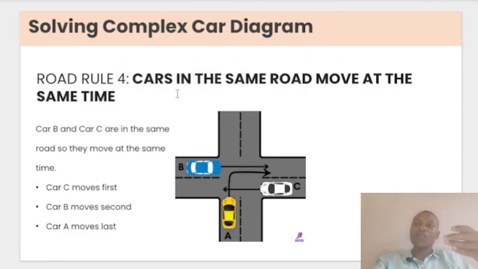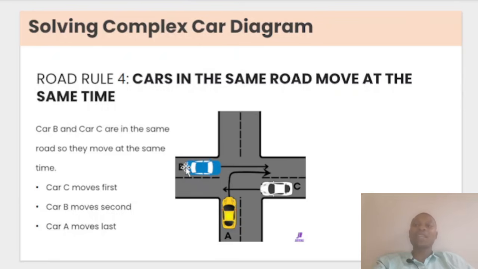Then this road rule takes effect, which states that cars in the same road will move at the same time. So as car C moves, car B will take advantage, because there is really nothing stopping car B from moving. If car C is to move, it definitely means that car A is blocked. So if car A is blocked, it means that car B can take advantage and move, right?